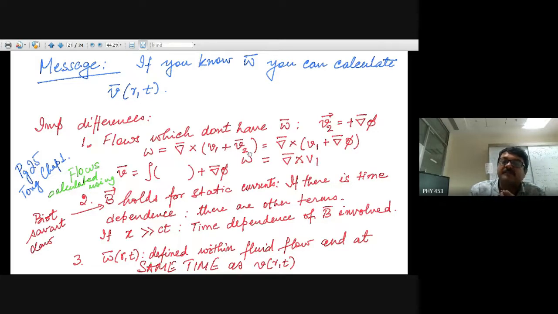So the velocity field will still be not perfectly defined up to such a term, right?